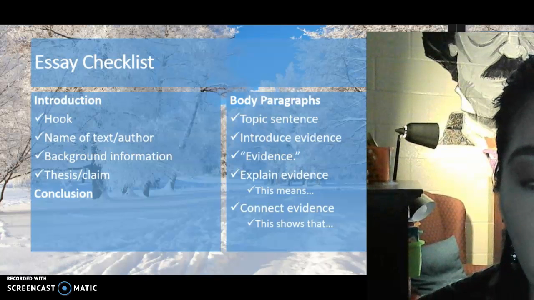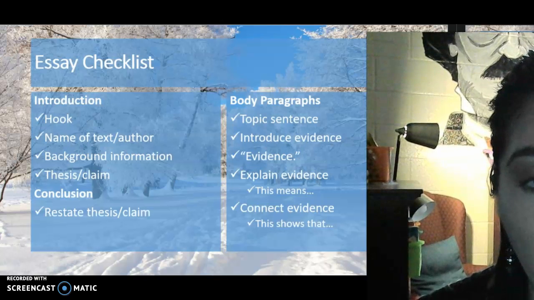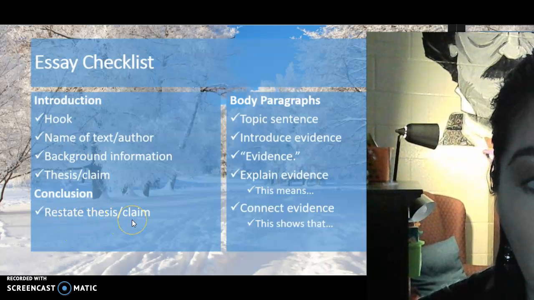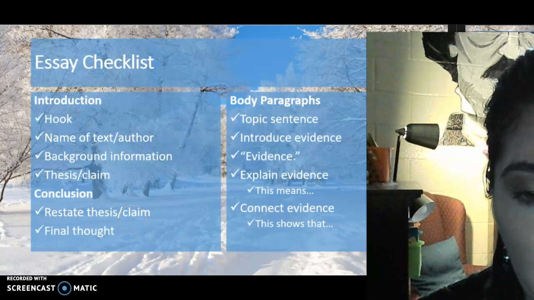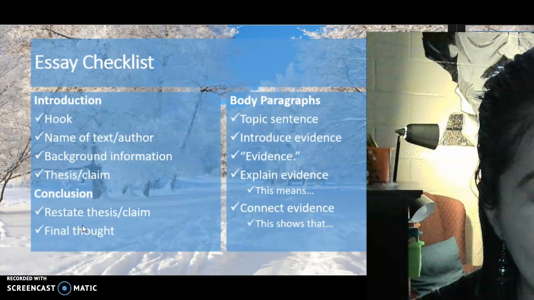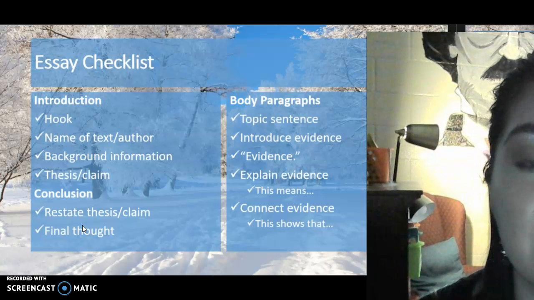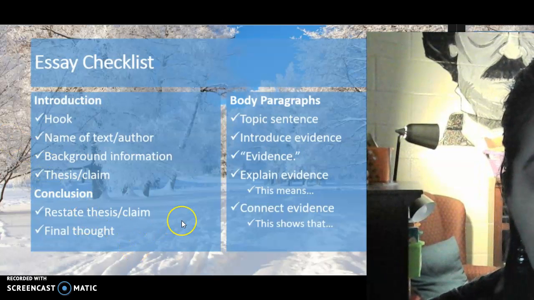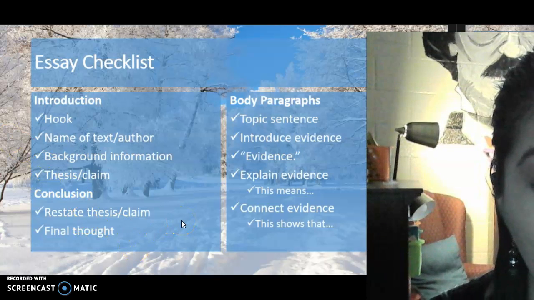Finally, let's talk about your conclusion. Your conclusion will start off by restating your thesis and your claim. And finally, it will end by giving a final thought for your reader, me, and how this will apply still today in our day. I hope that clarifies for you what your essay should look like.